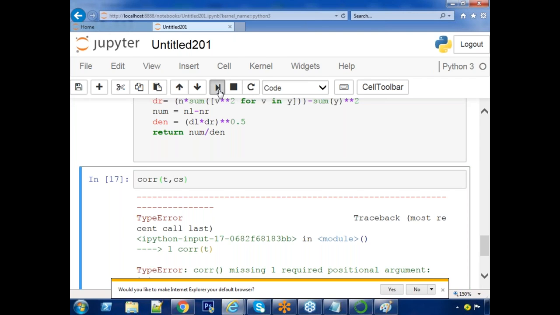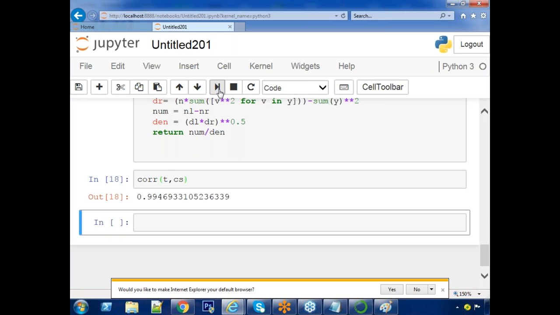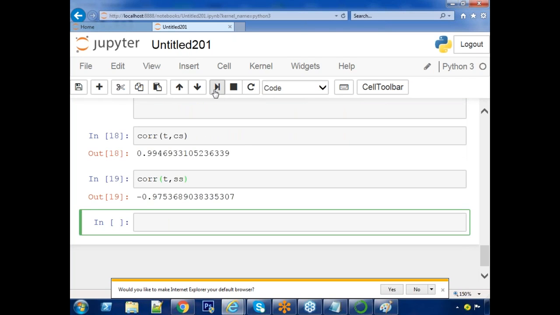The result is like this. Always correlation value is between -1 to +1. Again, correlation of temperature, sweater sales. It should be a negative value, minus 0.97. Correlation range is always -1 to +1.